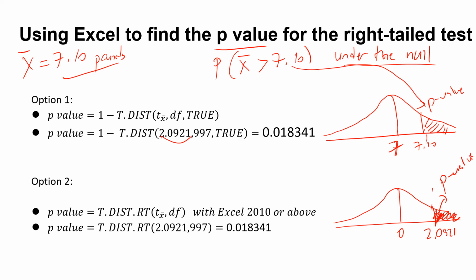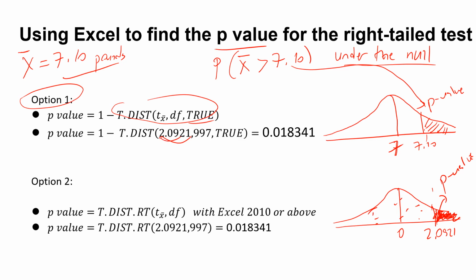So how can we calculate this p-value? There are two options in Excel. One option is the T.DIST function. With TRUE, we get the cumulative distribution. So this part will give you this area, and by subtracting from 1, we get this shaded area.